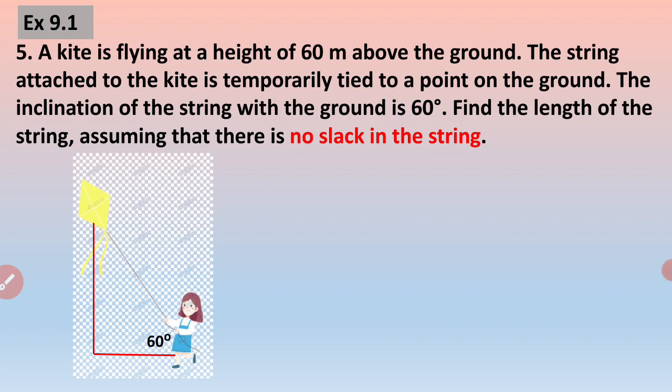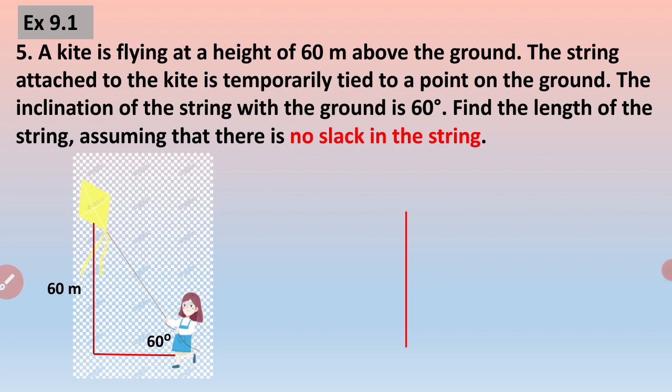The inclination of the string with the ground is 60 degree. That angle between the horizontal and the string is 60 degrees. Find the length of the string, assuming that there is no slack in the string. I have to find out the length of the entire string, but I have to consider that it is straight.